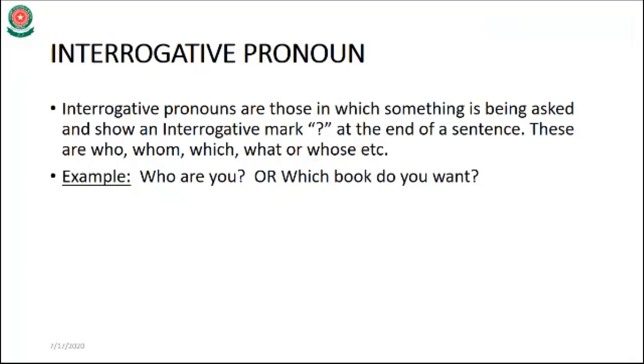What is an interrogative mark? Interrogative mark means the question mark. In interrogative pronoun, something is being asked, and it must show a question mark, which lies at the end of the sentence.